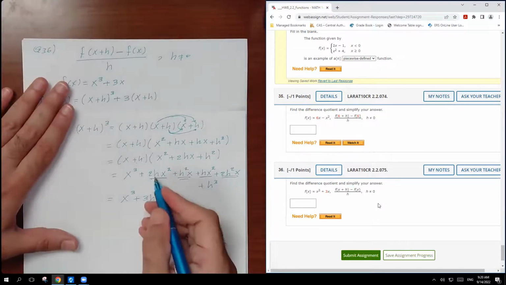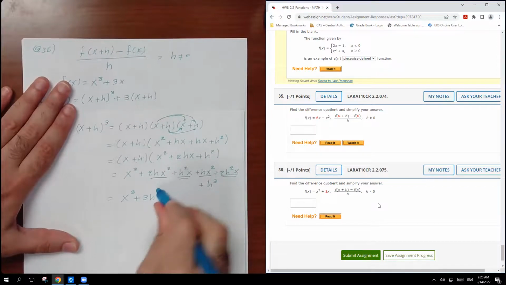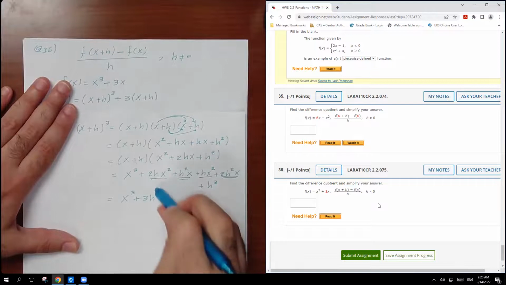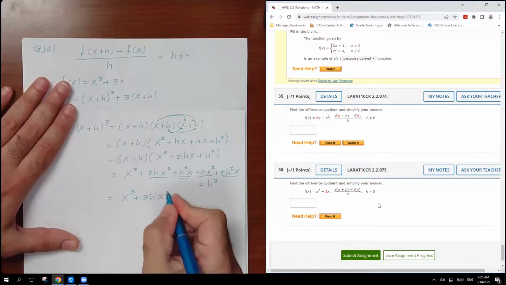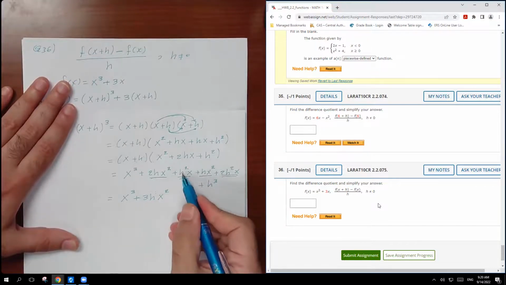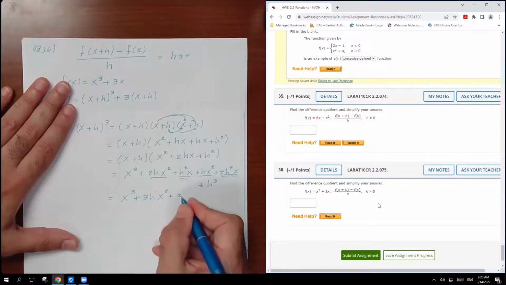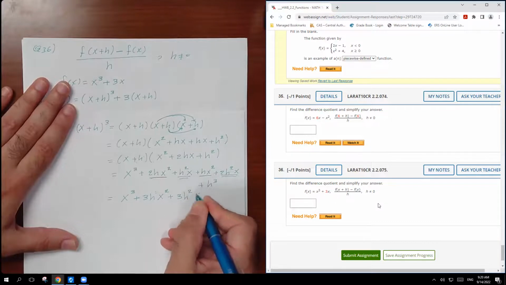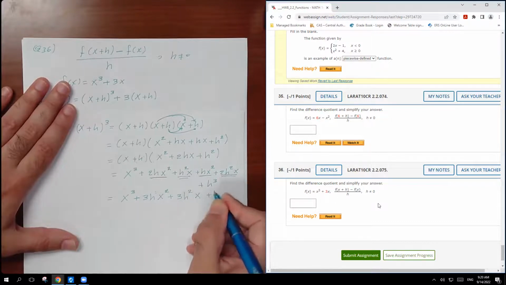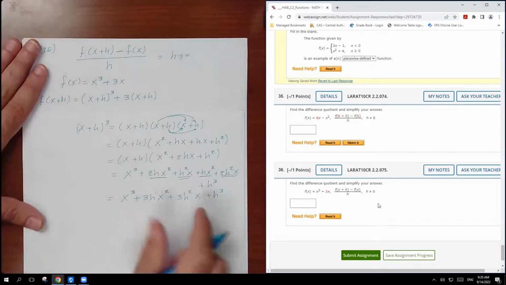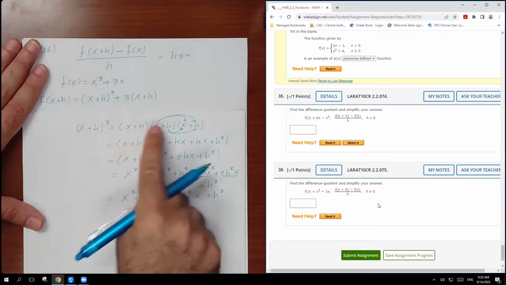No, this is hx squared. I'm adding this one with this one: 3hx squared, and h squared x terms, so it's also plus 3h squared x, plus h cubed. So this is the result of distributing these three parentheses.